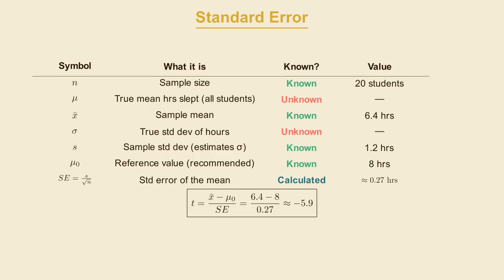That's how many estimated standard errors your sample mean sits away from our target of 8 hours of sleep per night. If we knew sigma here exactly, the true population standard deviation, then this measurement would follow a standard normal distribution. But because S itself is an estimate that varies from sample to sample, the quantity ends up slightly more spread out than normal, and that's what the t-distribution tries to account for.